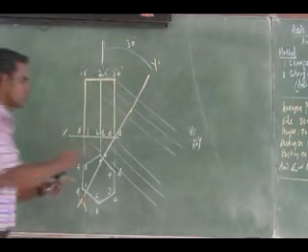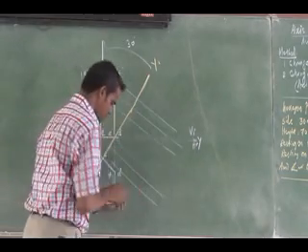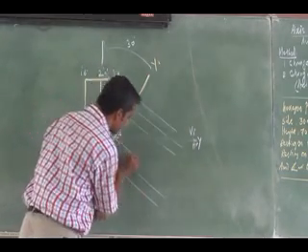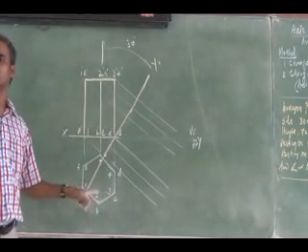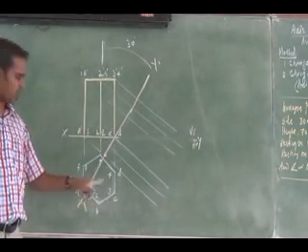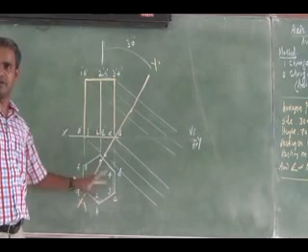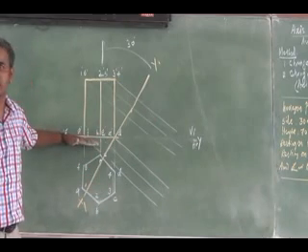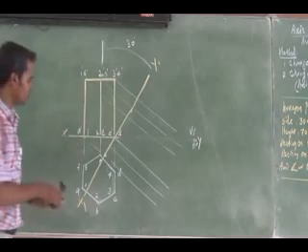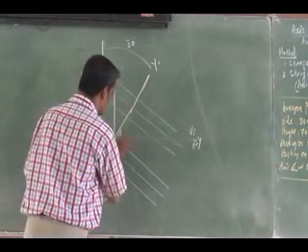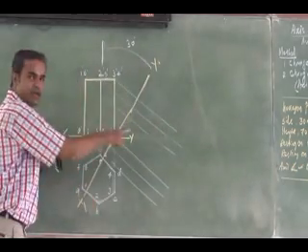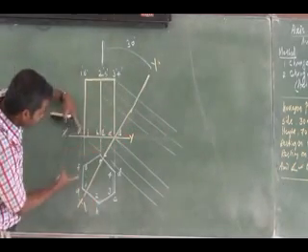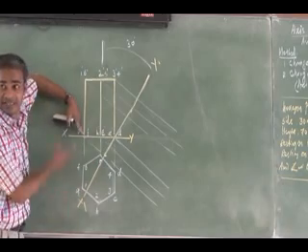Right. Now, how to get the final top view? What I have to do is this: the corners of the previous top view from the old reference line. This is the old reference line I have. From the previous reference line, what is the distance of these corners?